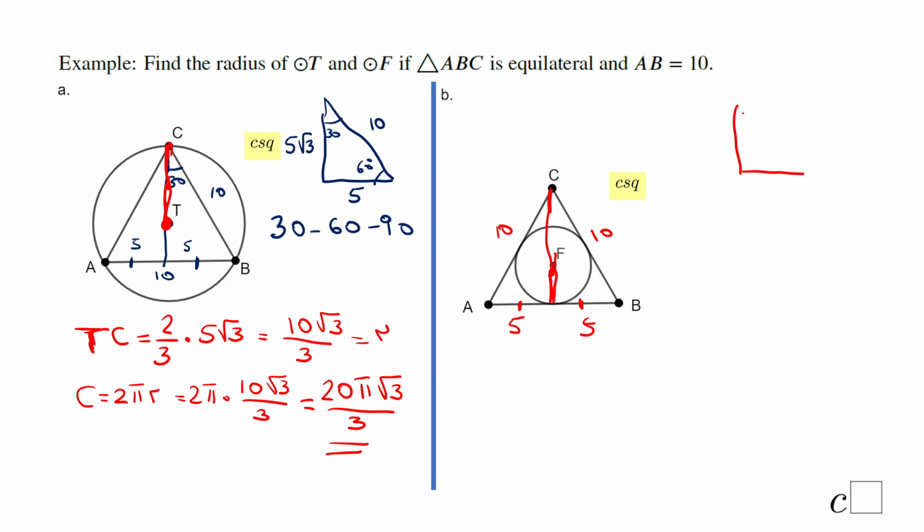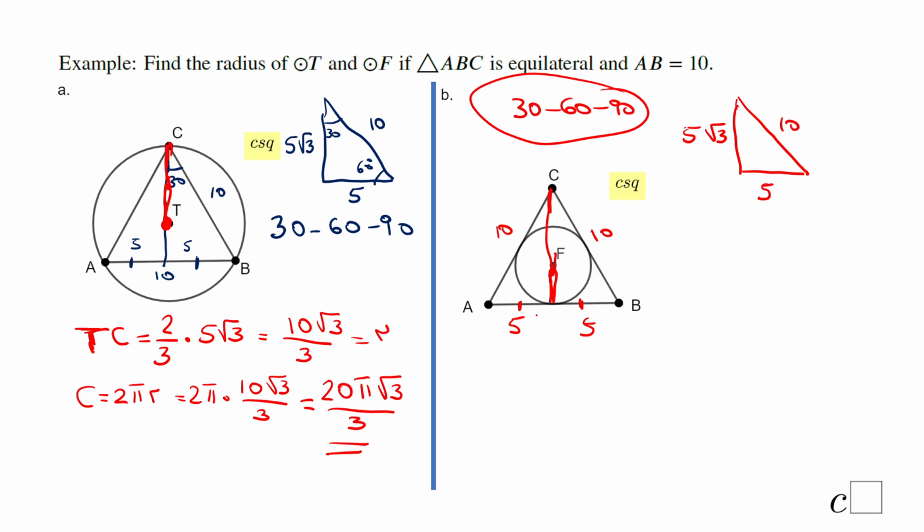It's going to be just some people may say a minor difference. I think it's a major difference. This is 5, this is 10, and obviously this is going to be 5 square root of 3, because I'm going to use again the 30, 60, 90 rule.